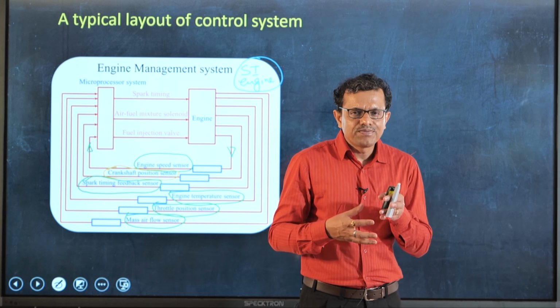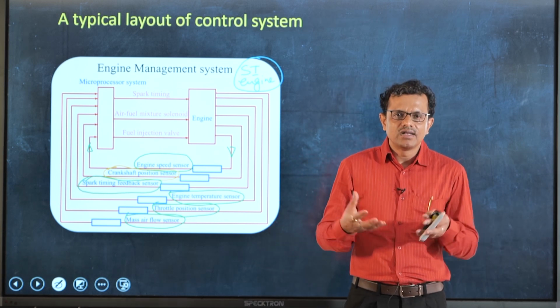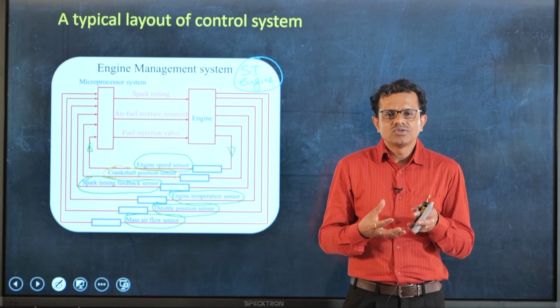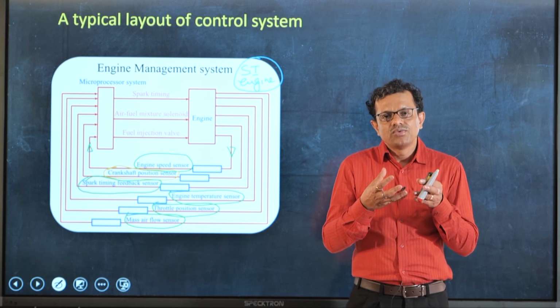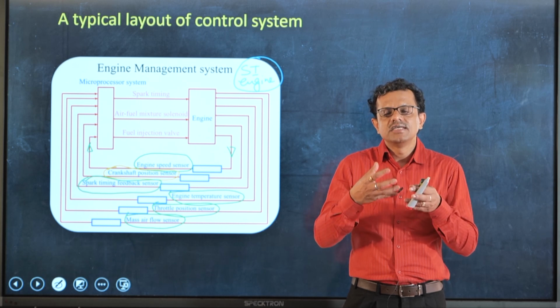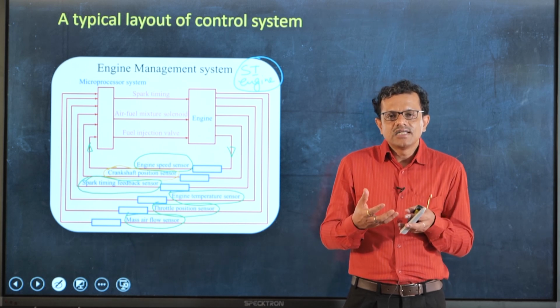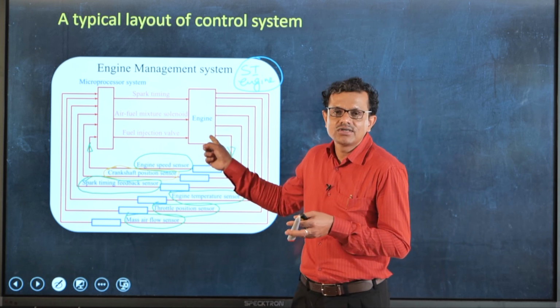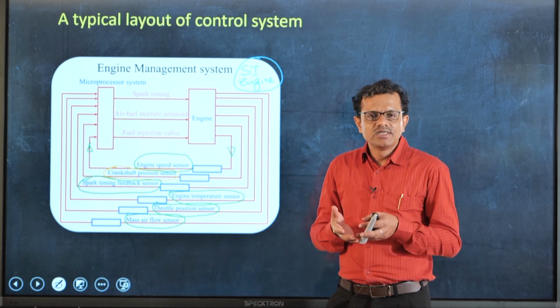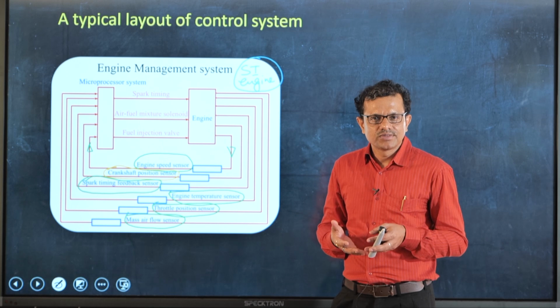Now, if the vehicle needs to go uphill, certainly the driver needs to adjust. If we do not have the provision of knowing that the vehicle is going uphill, that information will not reach the electronic control unit or engine management system, and then the engine speed will reduce. So, the vehicle speed will reduce.